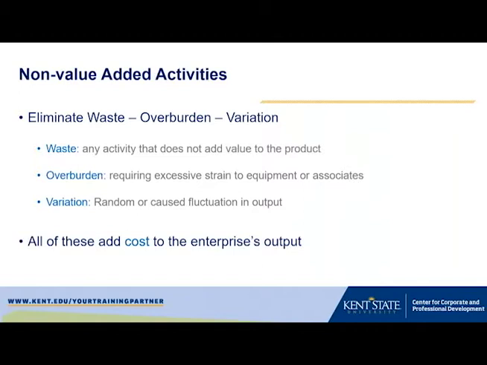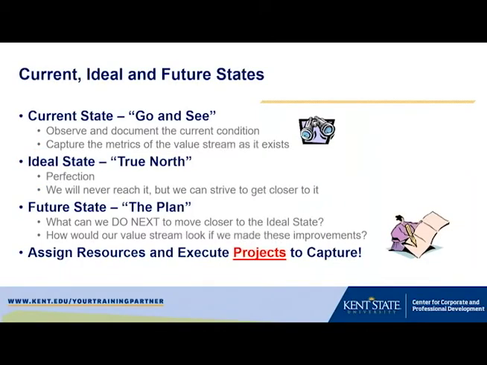Well, we start with the first part of lean thinking, which is, where are we today? What is our current state or current condition? Let's observe that, and let's just write it down, as it is, as the facts present themselves.